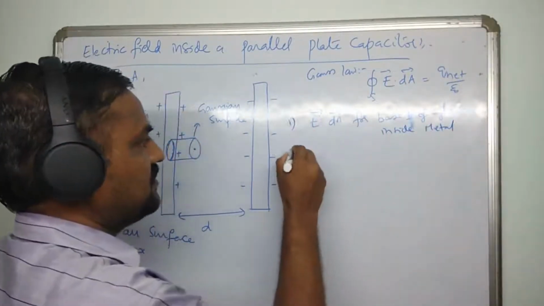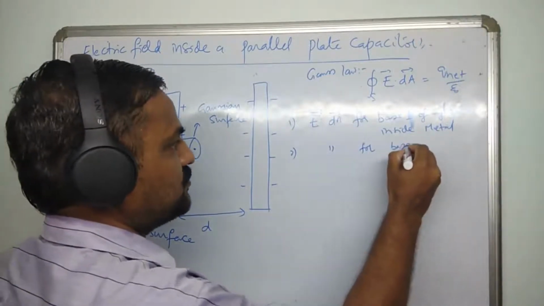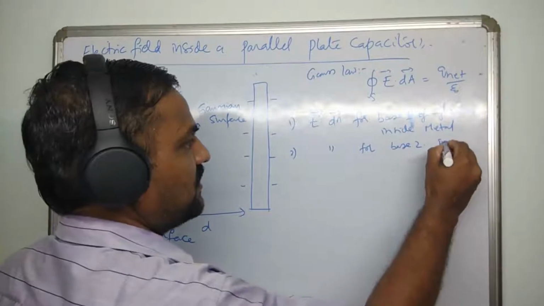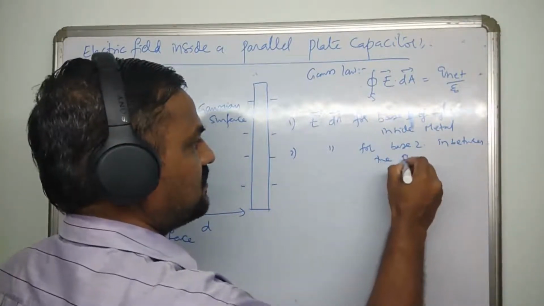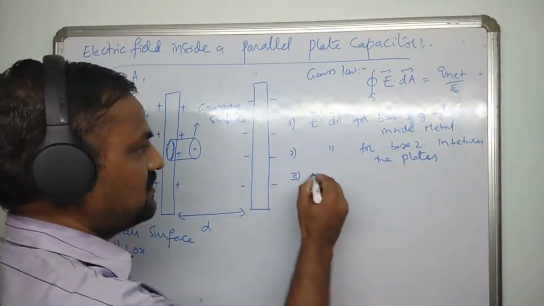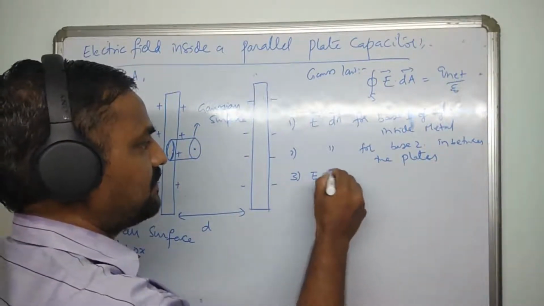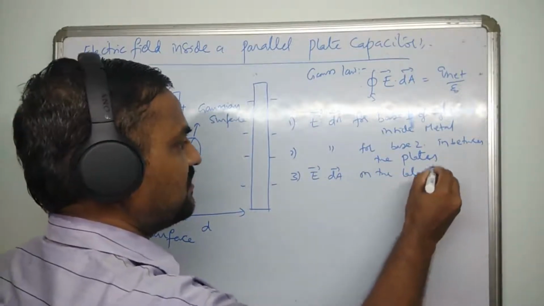This is the first one. Similarly, the same for base 2, in between the plates, and the third one, the same E dot dA on the lateral surface of the cylinder.